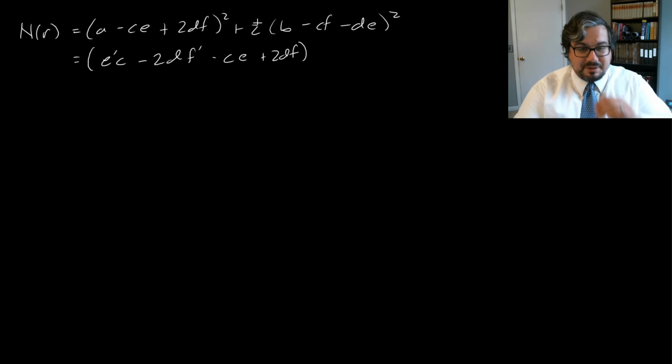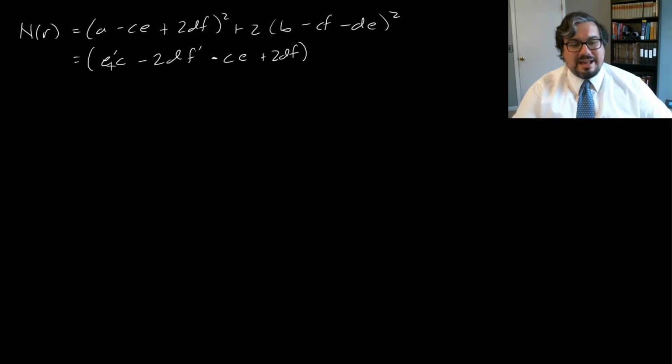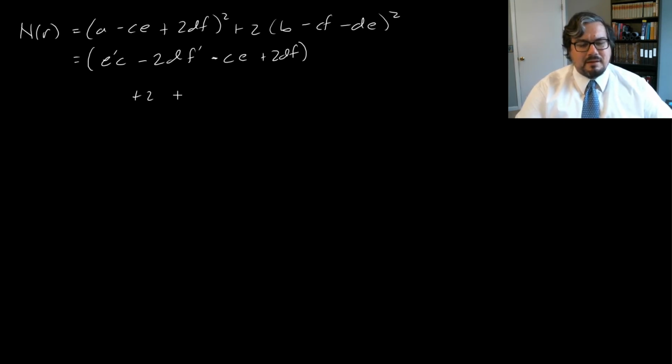That's coming from expressing the element a as this combination involving e prime and f prime. And then b will be c f prime plus d e prime, and then minus c f minus d e squared.